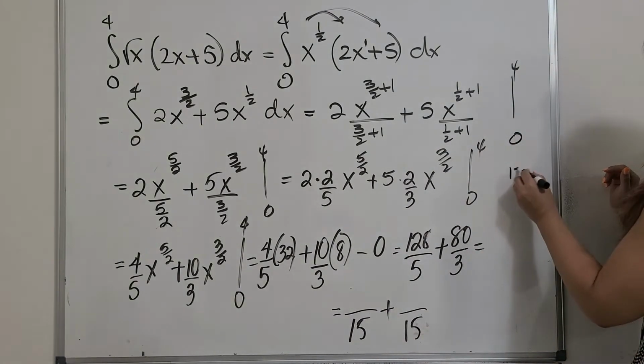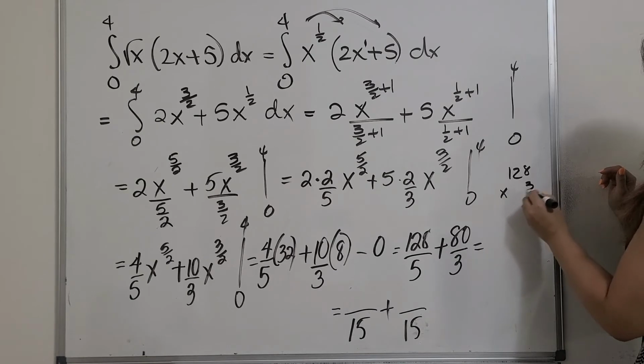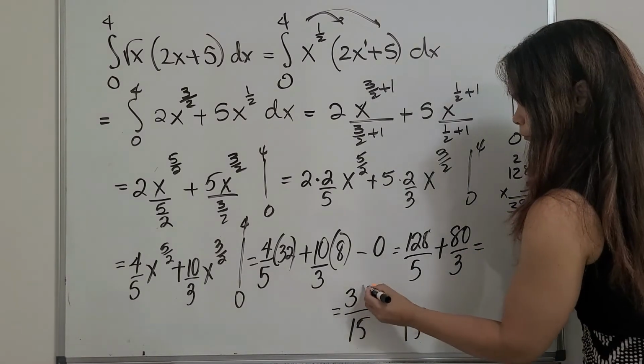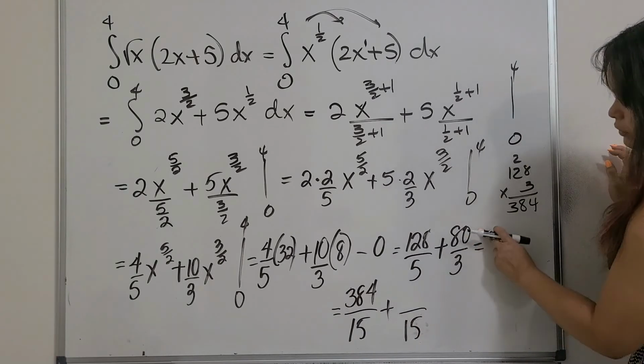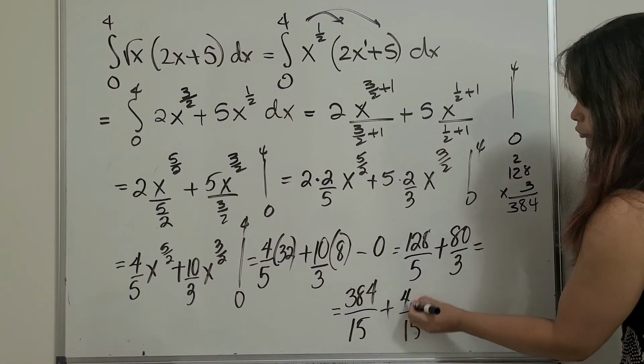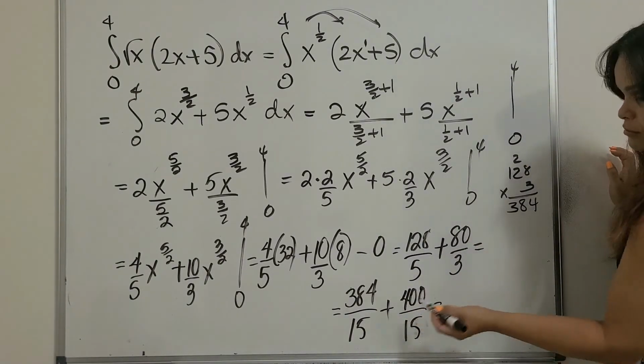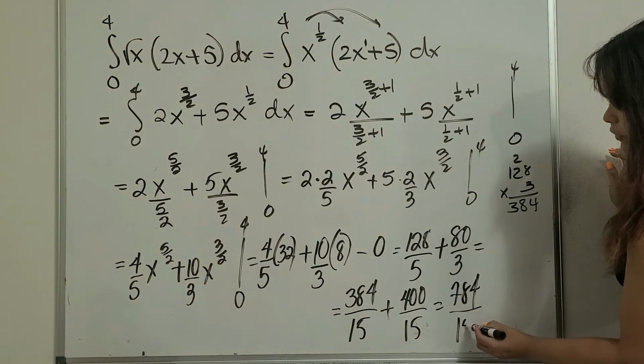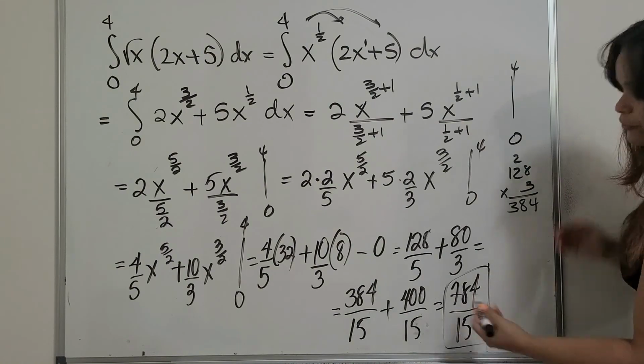Okay, so 128 times 3, which I have here 3 times 2, that is 6, times plus 2, which is 8, so this is 384. Times here, times 5 is going to be 400. And just finish the sum, which is going to be 784 over 15. And here we have the final value.